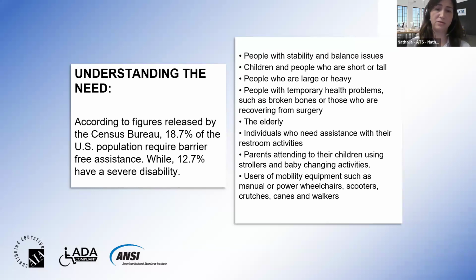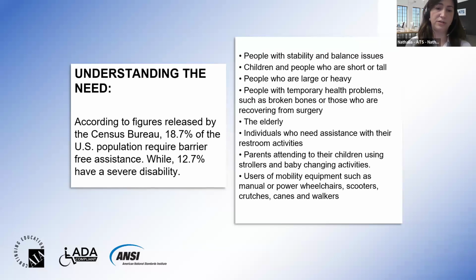It can be one of us when we have some temporary injury, such as after a surgery or with broken bones, and we also need to include these people. Of course, elderly people and individuals who may need assistance. So anyone who needs a caregiver, you have to take into account the space for this.